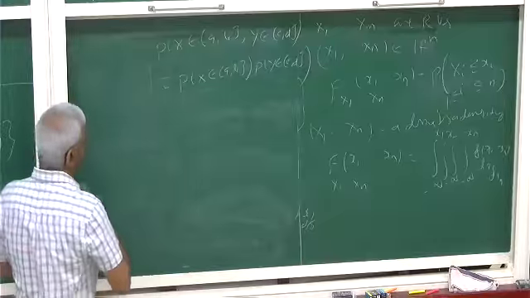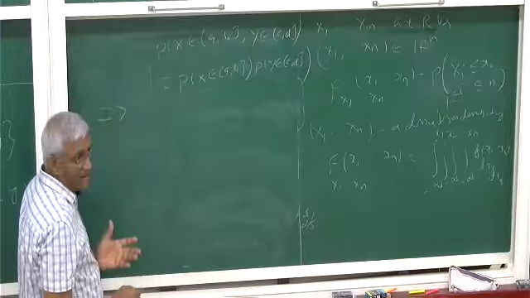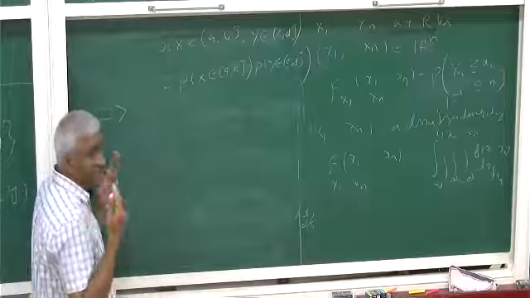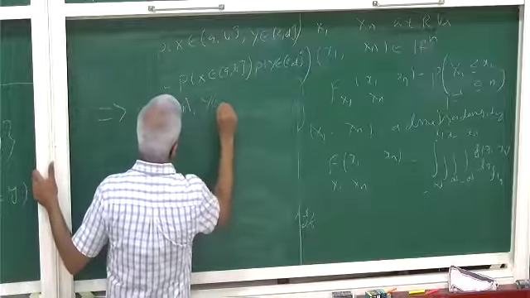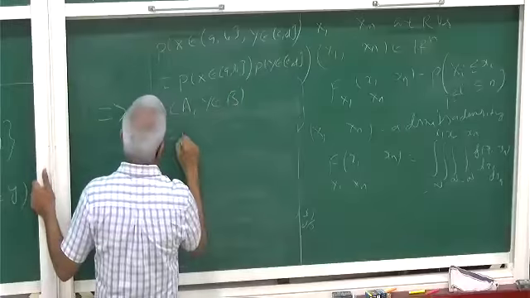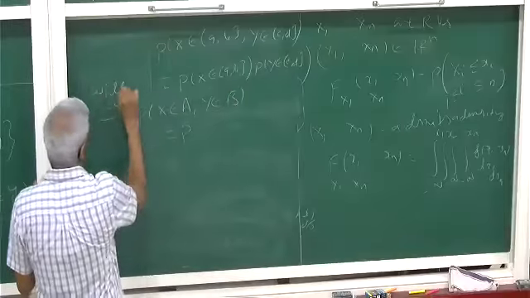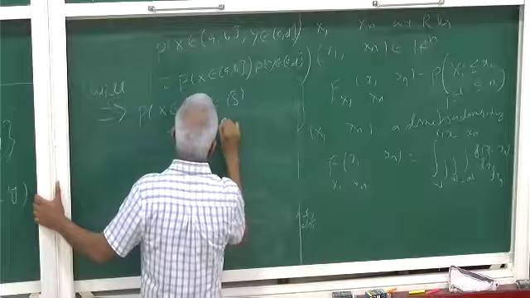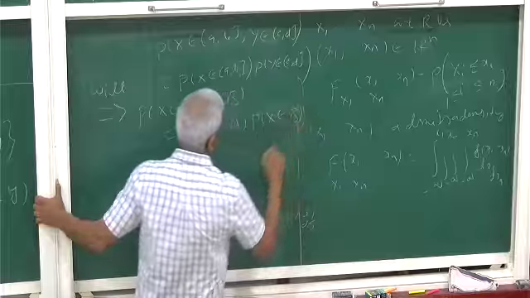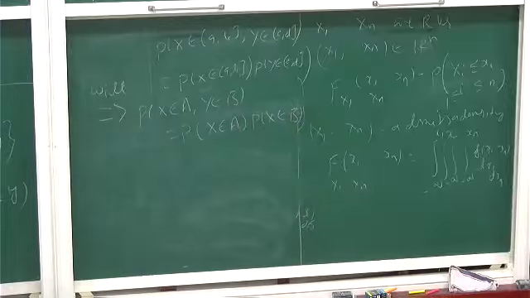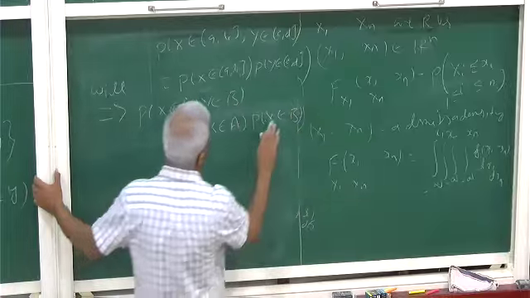So these things will imply, I'm not proving it, that for any two reasonable sets, the probability of X in A, Y in B will imply the probability of X in A times the probability of Y in B.